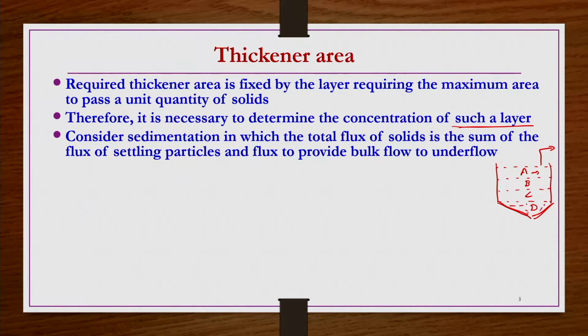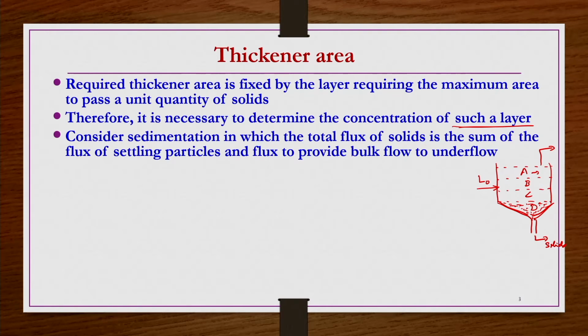D zone is a concentrated sludge zone from where you take the solids discharge, and the feed is coming somewhere in, let us say, the middle of this sedimentation tank. Once the steady state is established, the feed rate coming in is equal to the overflow rate going out plus the solids going out. So, the layers that are developed, the different ABCD zones, are not disturbed. That condition we know as the steady state condition.